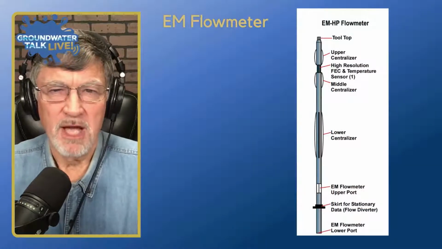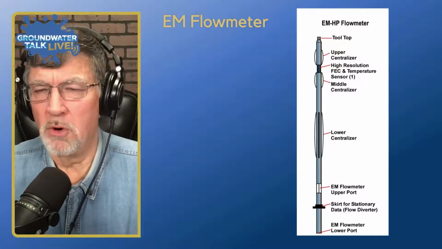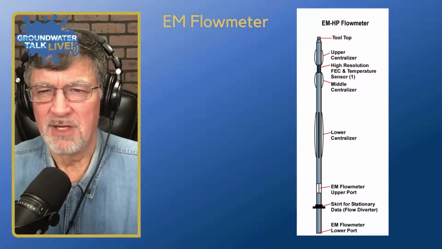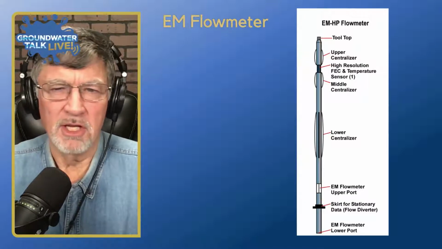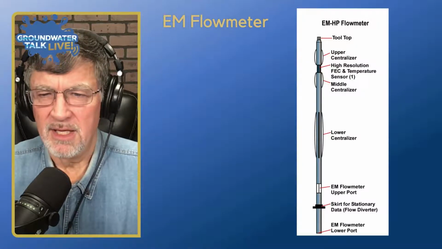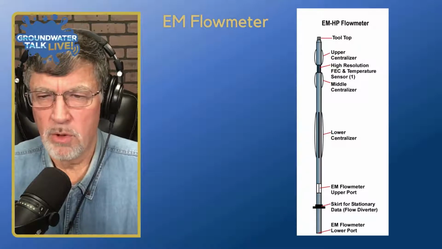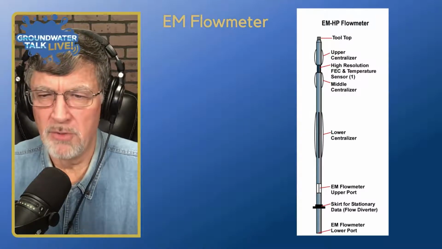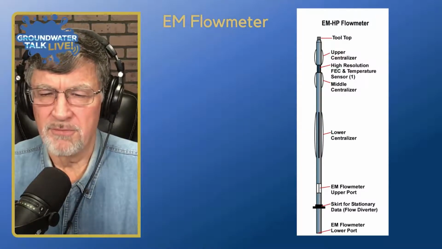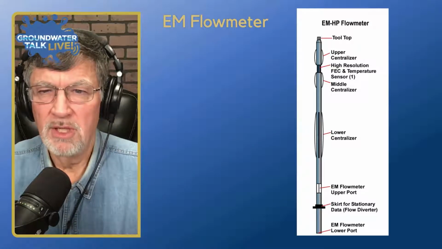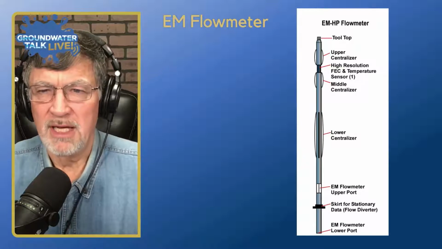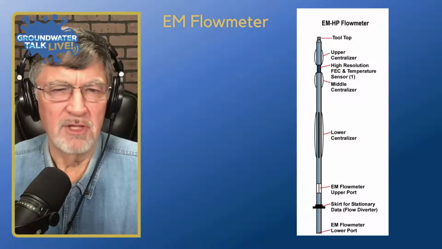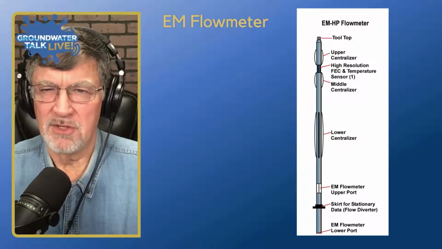All right, so back to our EM flow meter. This is what the whole tool looks like. It's going to have all the electronic equipment on board, and the lower port and the upper port are down below there. There's going to be your flow diverter skirt down below. There's going to be some centralizers there to keep it in the middle of the hole, and so there's a lot of electronics packed in this tool.